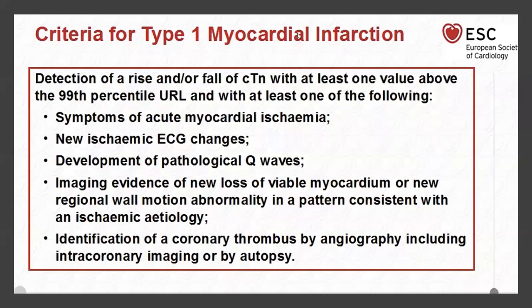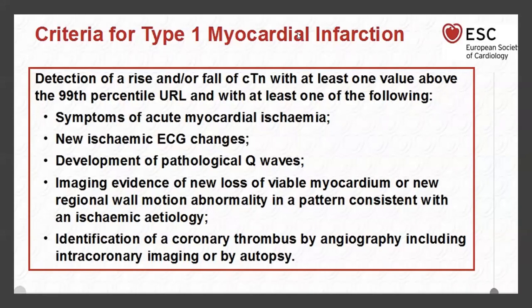In terms of the criteria, your patient needs to have a rise and/or fall in your cardiac troponins with at least one value that is more than the 99th percentile, and the patient must have one of the following. The patient must have symptoms of acute myocardial ischemia.